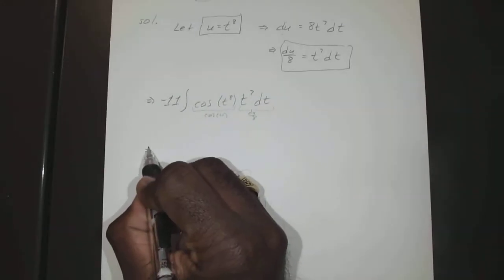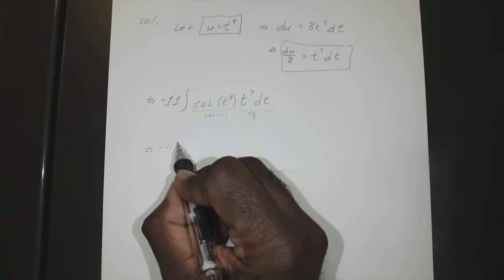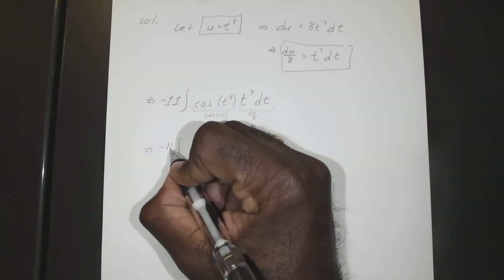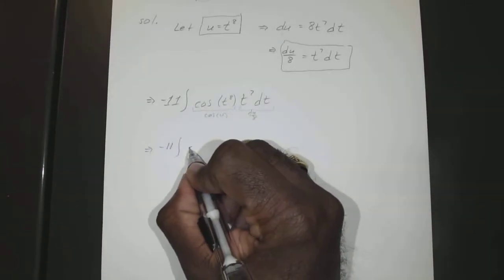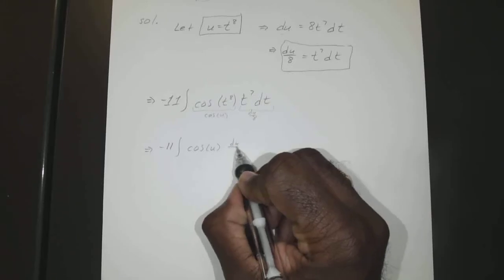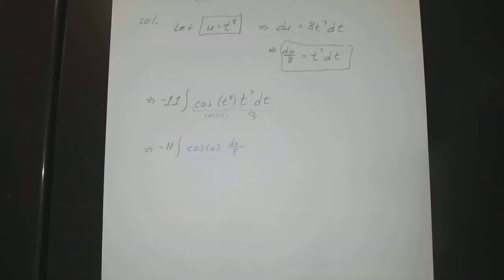Okay, so we end up with negative 11 times the integral of cosine of u times du over 8. And the 8, we can just factor right on out.